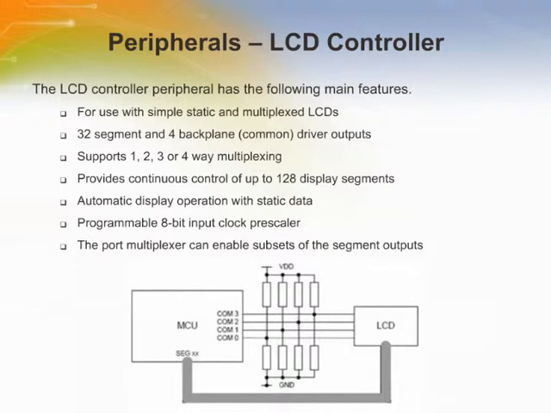The port multiplexer assigns peripheral functions to external device pins and can enable subsets of the LCD controller outputs for applications using smaller displays. The LCD controller automatically generates the required output waveforms on the backplane and segment outputs from the data values written into the segment data registers.